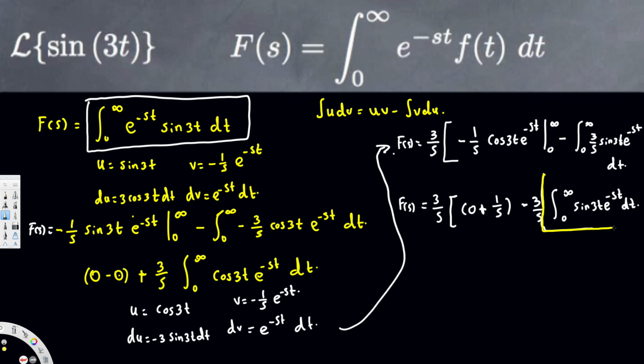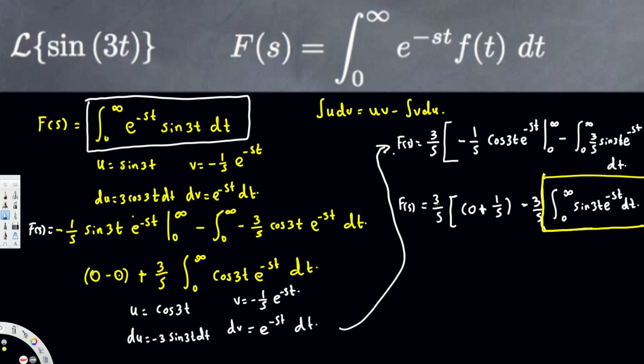This part, 0 to infinity sine 3t e power negative st dt, is the same thing; we just switched e power negative st and sine 3t. So instead of this one, we can replace this one, and in that way it will be easier to solve.